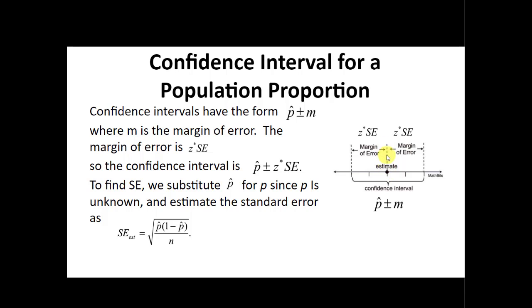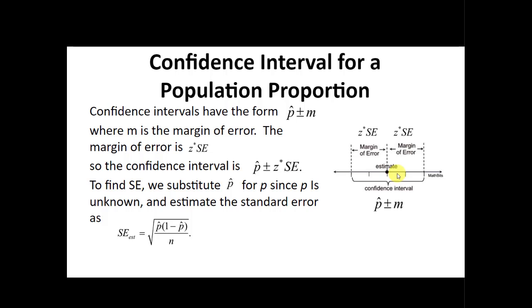And you need to calculate the margin of error so that if you add that margin of error to your estimate, you will have the upper bound. And if you subtract that margin of error from your estimate, you will have a lower bound. So it'll give you 2 raw scores within which you can expect to find the population parameter.